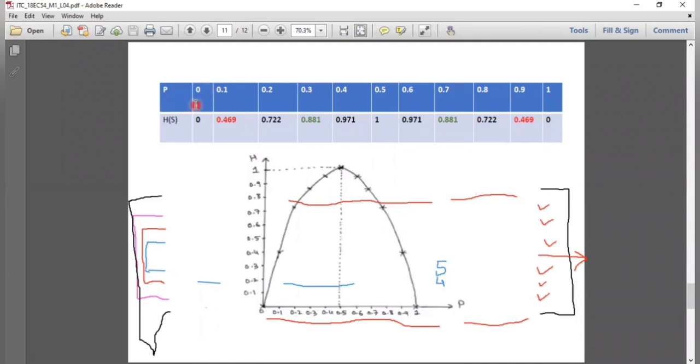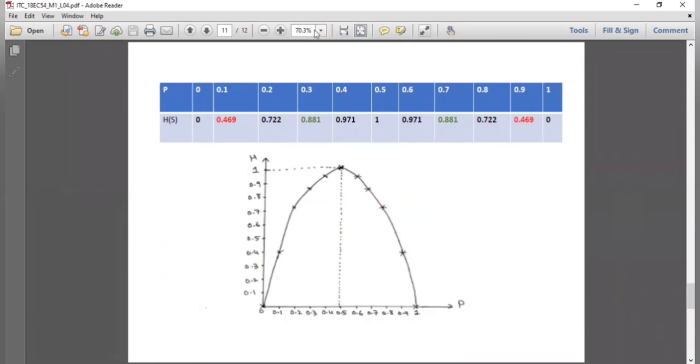So for these variations of probability, these are the entropy values we'll obtain. Based on this table, we can plot P versus H. When probability is 0, H is 0. When probability is 1, H is 0. When probability is 0.1, H is 0.46.